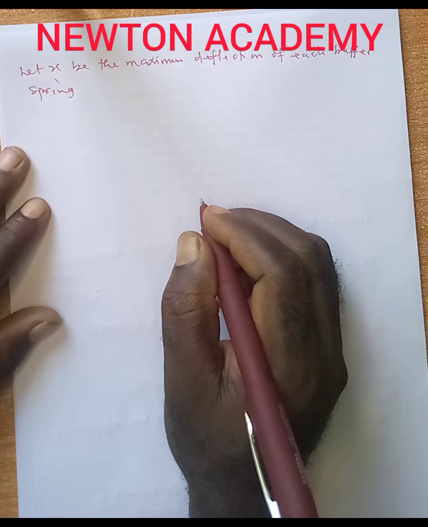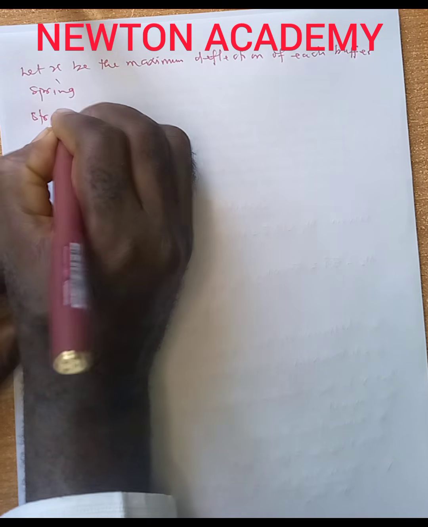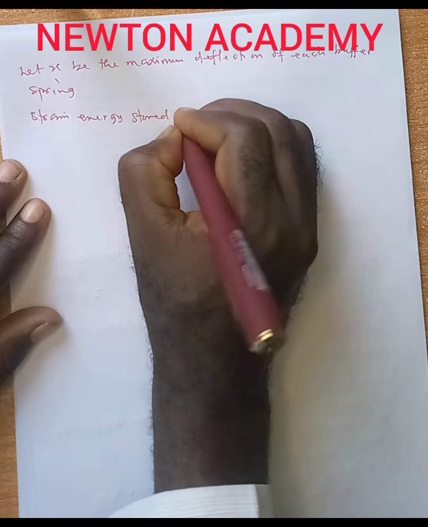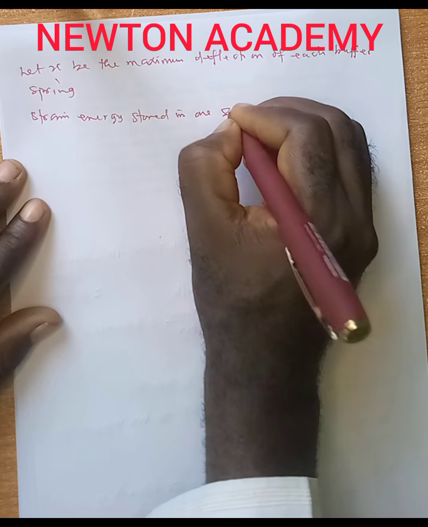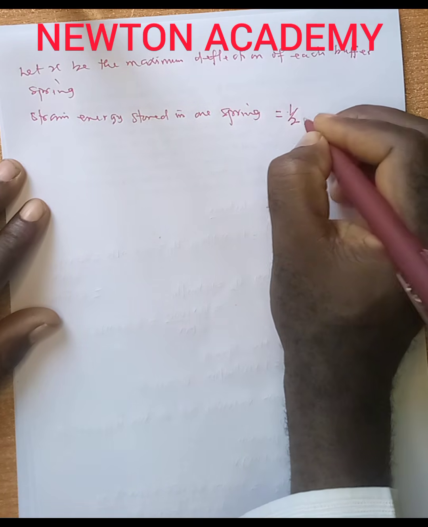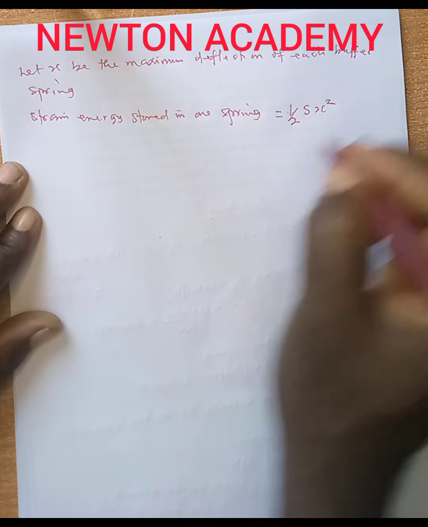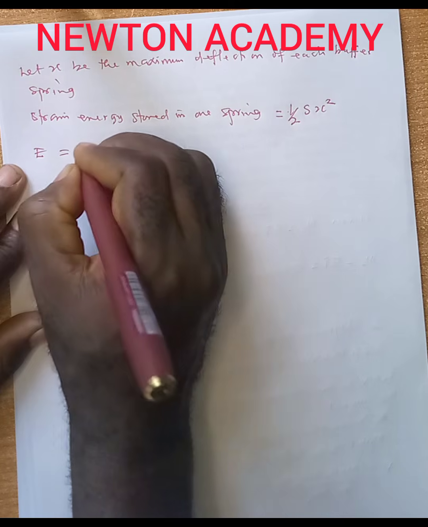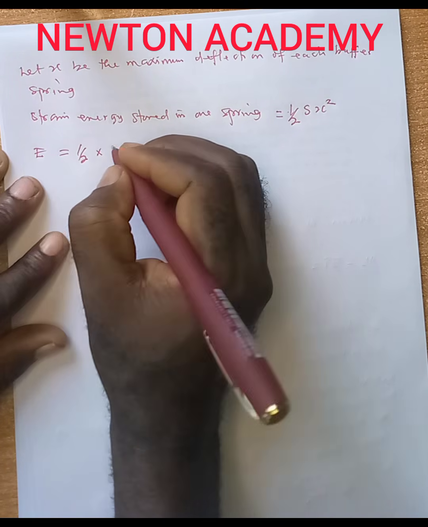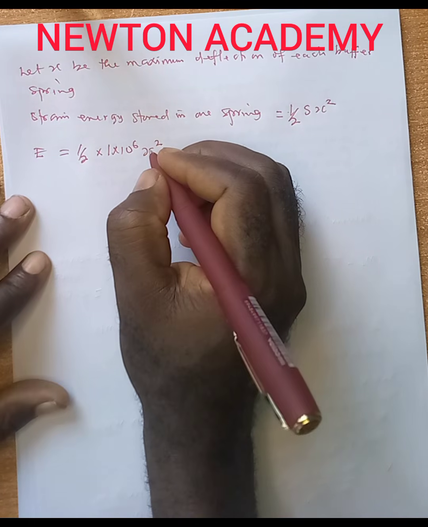Now, strain energy stored in one spring is equal to a half Sx squared. When we substitute, that energy is equal to a half multiplied by our S, which is 1 times 10 raised to the power 6, then x squared.